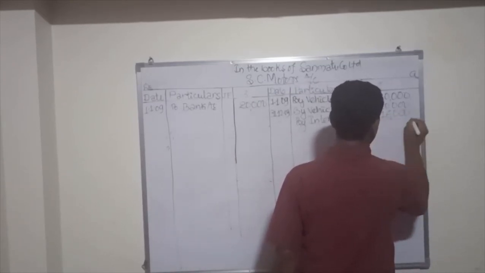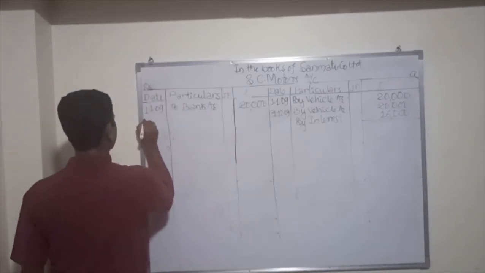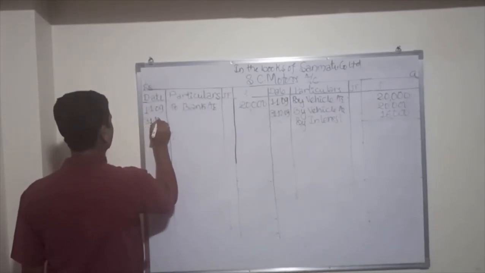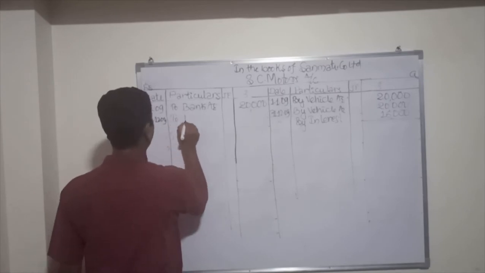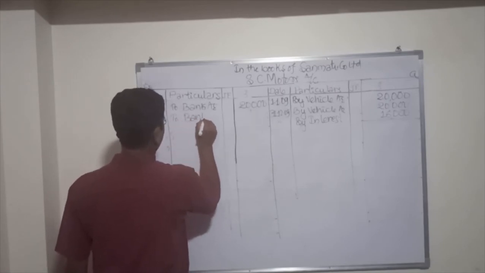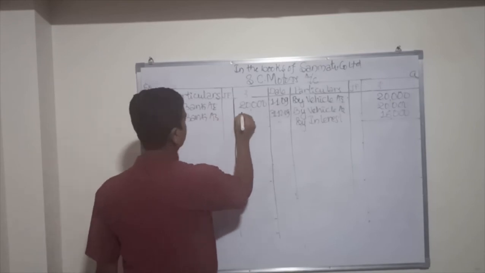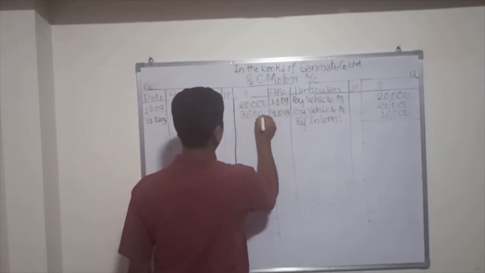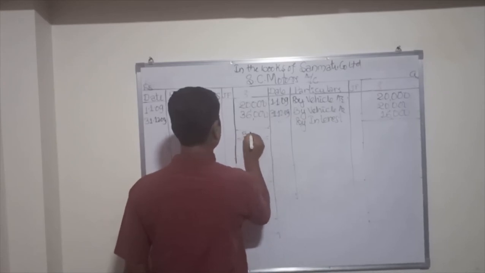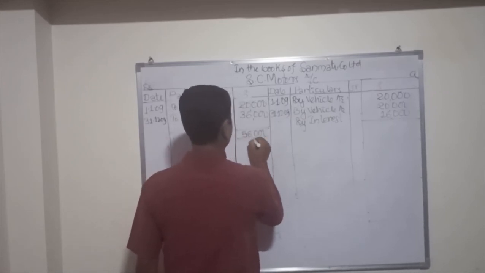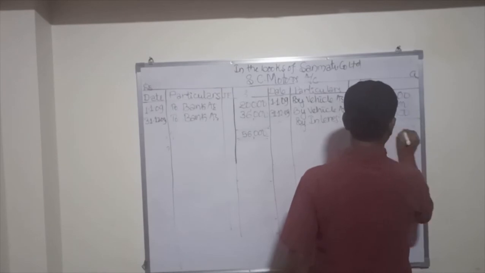When it is paid on 31/12/2009, the entry will be SC Motors account debit to bank account. So the first installment is paid as 36,000. When you take the sum of this year, 56,000. So here also 56,000.